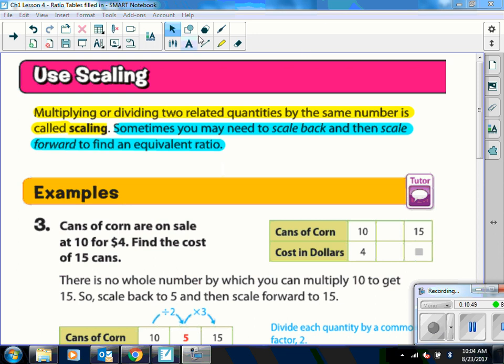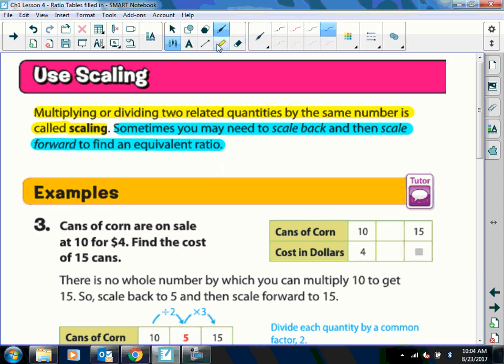All right, so now, once again, I want you to write the title here. We're going to use scaling. Now, scaling is multiplying or dividing 2 related quantities by the same number. That's what scaling is, okay? So when we are scaling back, of course, that means you're going to get smaller, okay?